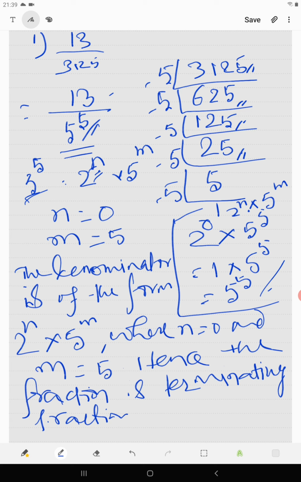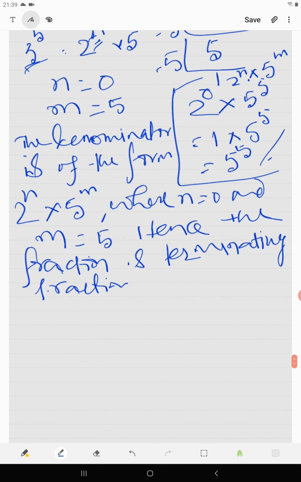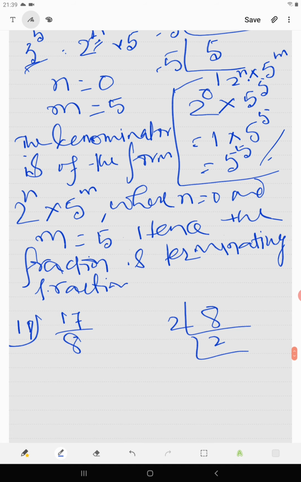Okay? Now the second one is 17 by 8. So 8, if you are doing LCM, 2, 4 ja, 2, 2 ja, 2, 1 ja. So since there are 3, we can write it as 2 cube.